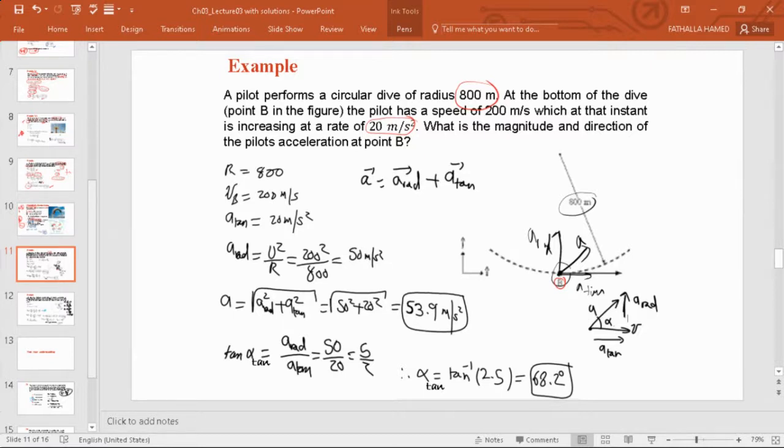Now, when you're performing circular motion, your acceleration, as a vector, has a radial part and a tangential part.